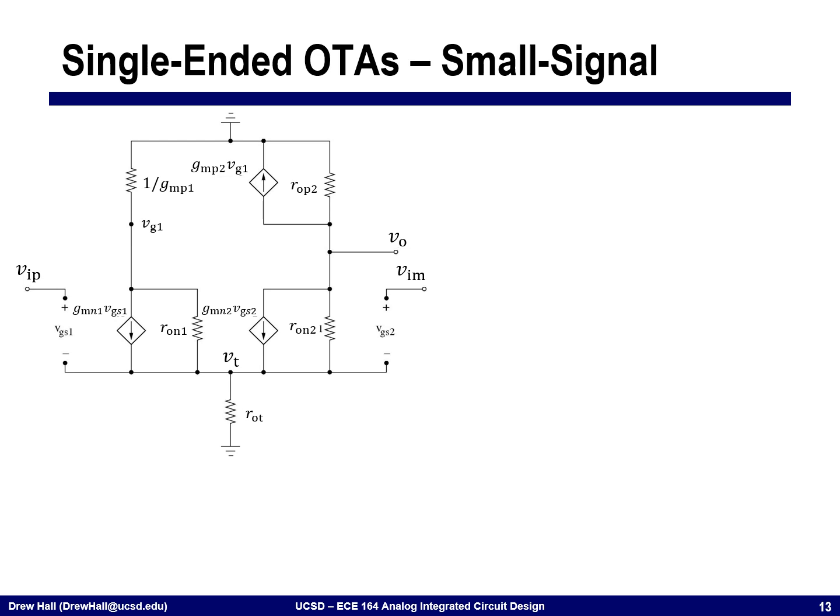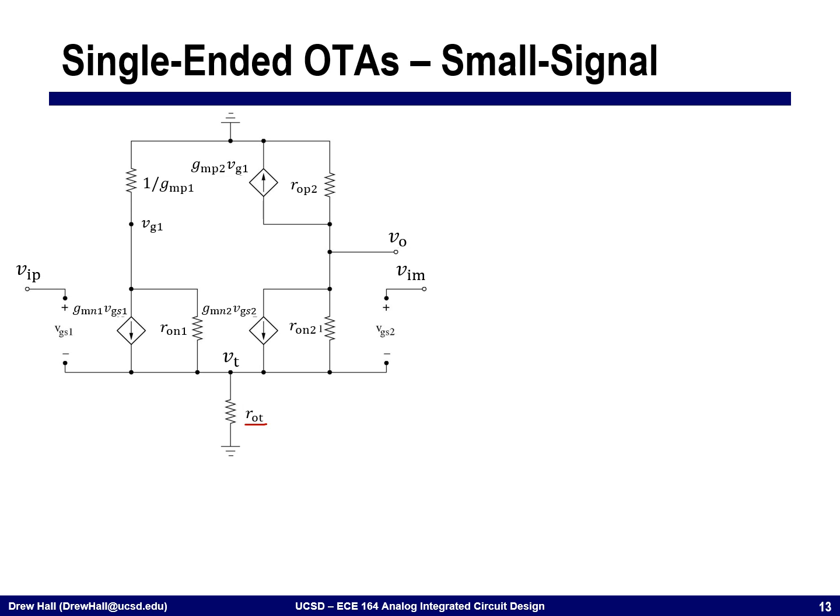I have a resistance down here that's due to the output impedance of the tail transistor. I have the small signal model for my input differential pair, GMN1 and GMN2. And then the load, I have quite asymmetric.